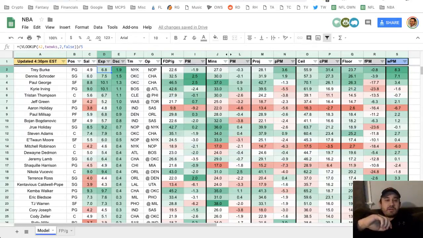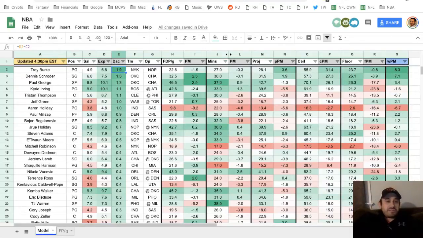Meaning, if Trey Burke was $6,800 at 5x, he would score what he has recently averaged. However, he's priced at $4,900. So you're getting a $1,900 discount, the biggest discount of the slate based on this method.